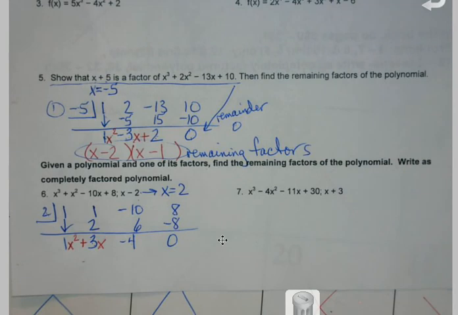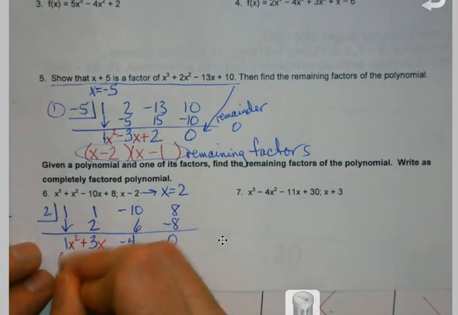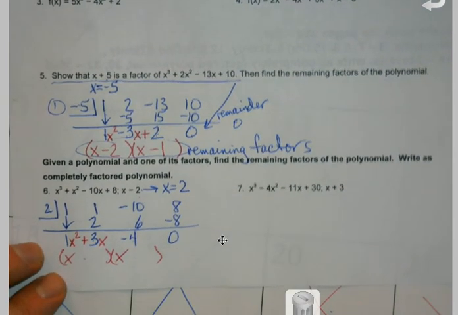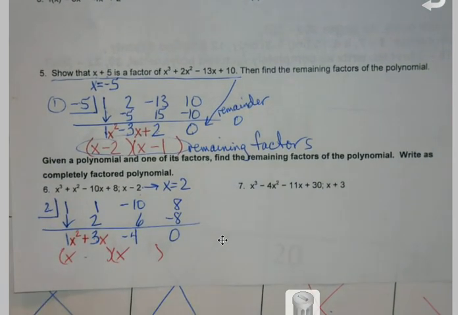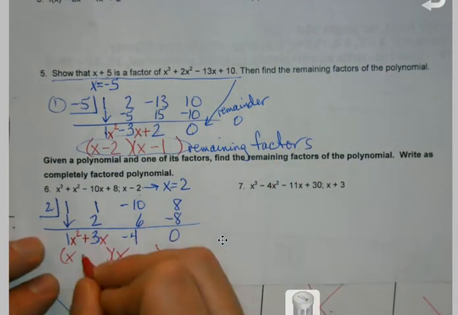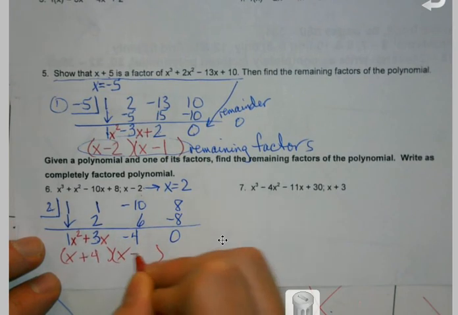And then I need to factor the quadratic that remains. If for some reason you find something that doesn't factor, first double check your work. Second, if that doesn't work, you can always go back and try to use the quadratic formula, but you shouldn't have to with these. So a positive 4 and a negative 1.